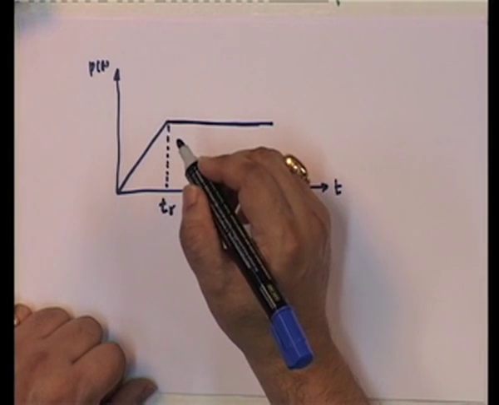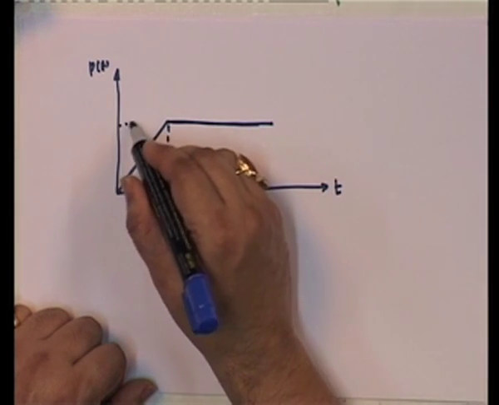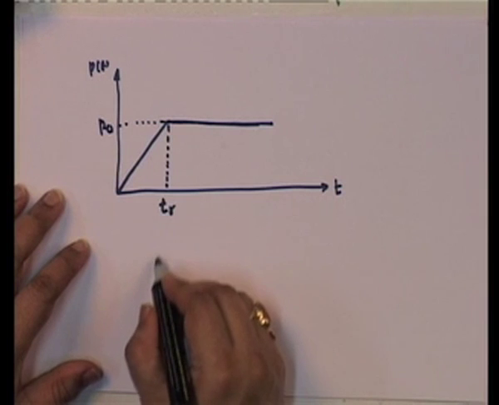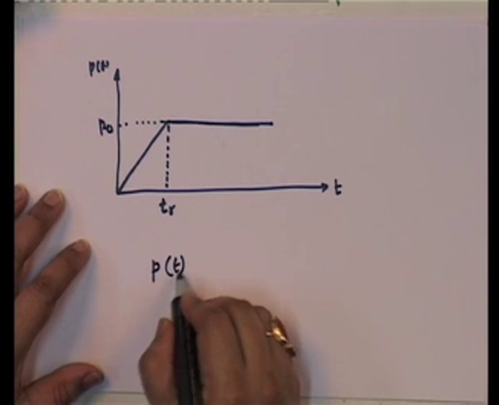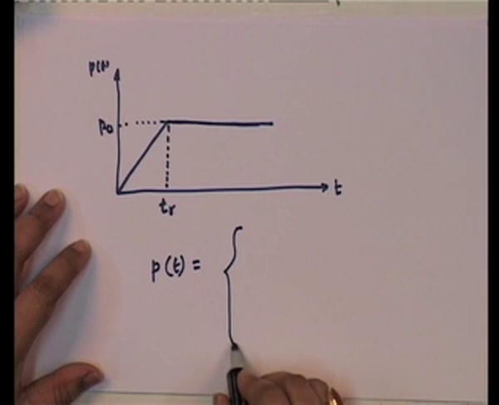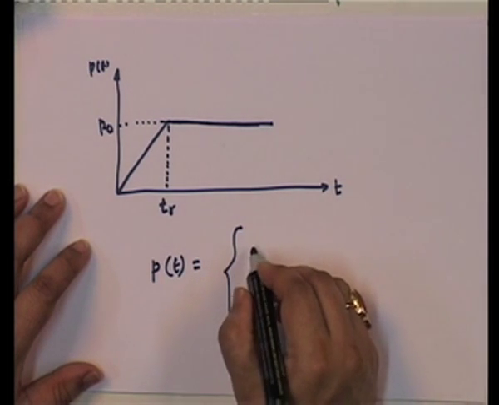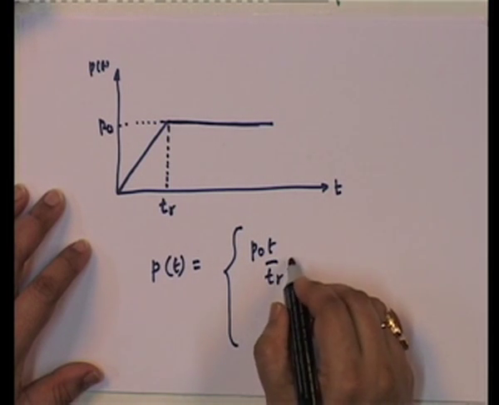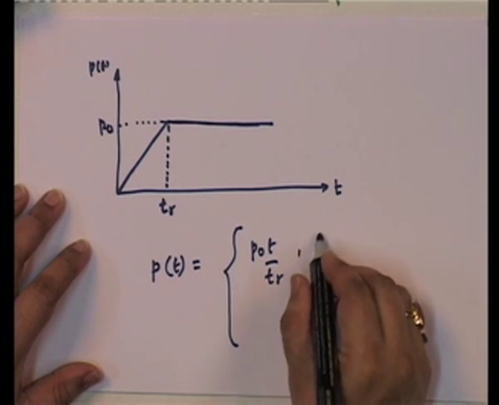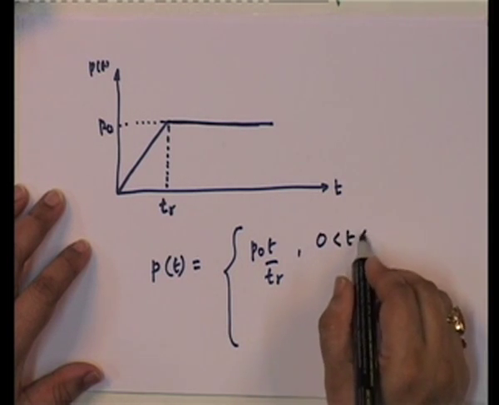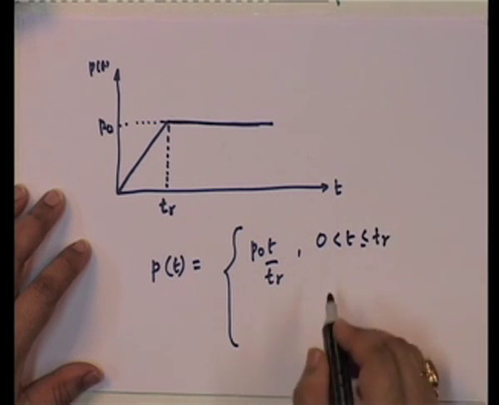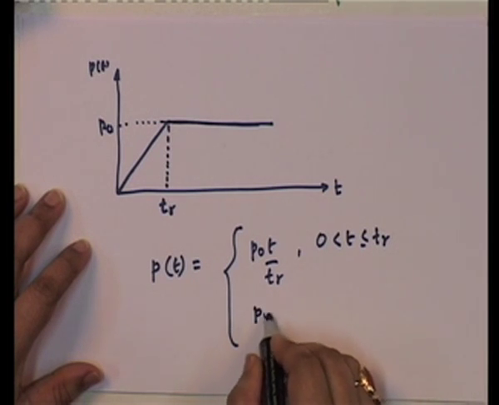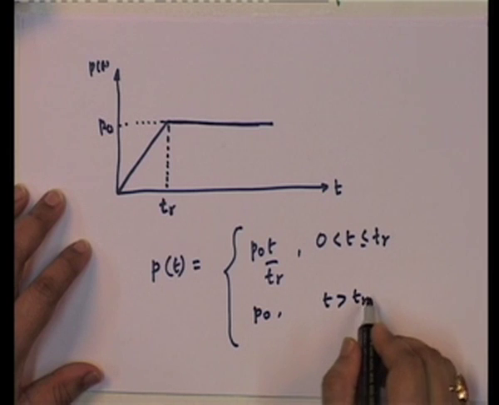And this one will be P naught, and so therefore, P of t can be written as P naught t upon T r for 0 < t < T r, and it is equal to P naught for t greater than T r.